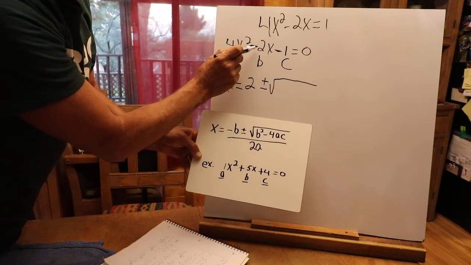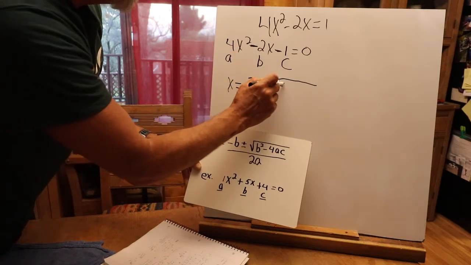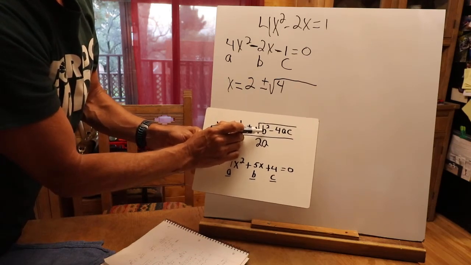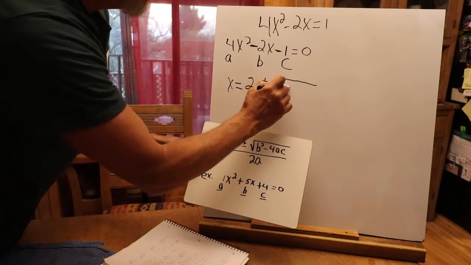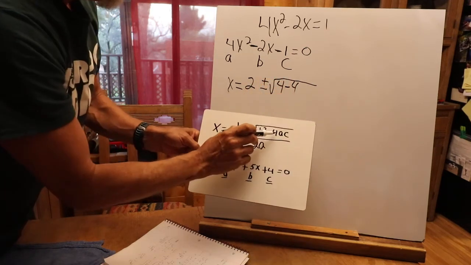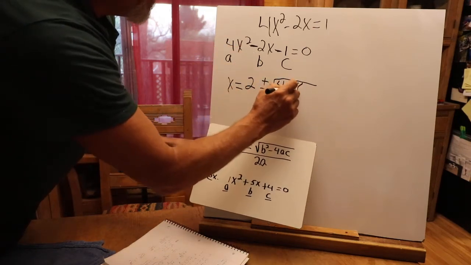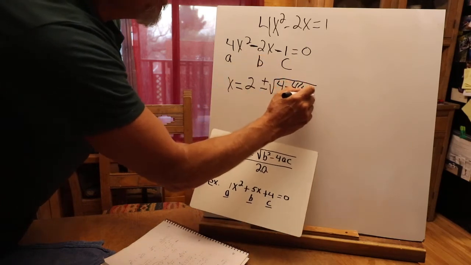Well, b is negative 2 or minus 2. When you square it, it's going to be positive 4. This b squared is always going to be positive because you're squaring it. Minus 4, which is just part of the formula, ac. So it's 4 and a is 4 and c is minus 1.